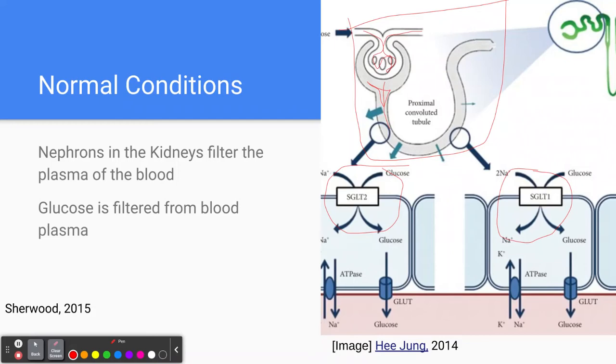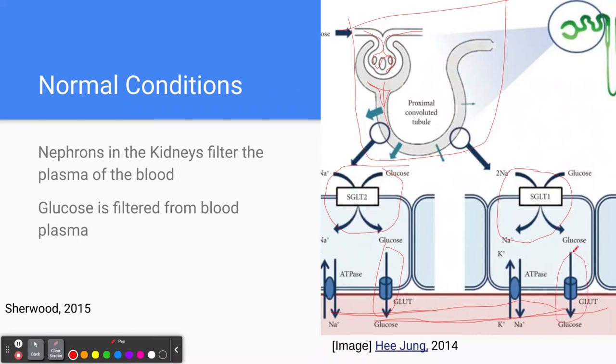Then, once it's in the border cells, it's going to diffuse out into the peritubular capillary, and that capillary is going right through here. So here is our diffusion right there, and also in this cell right here.